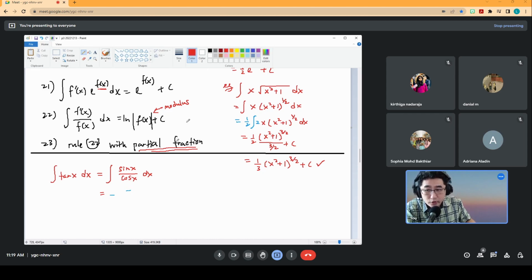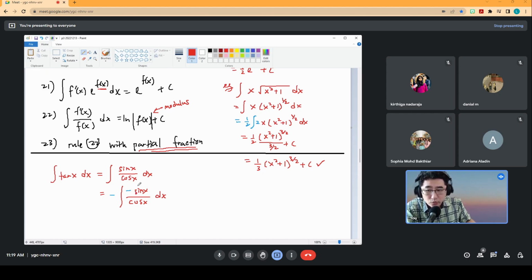Okay, I need to do manipulation. By putting the negative and the negative sign here, it doesn't disturb the equilibrium. So I have negative sine x over cos x now. According to rule 22, the top is the derivative of the bottom, so I'm free to do my integration.